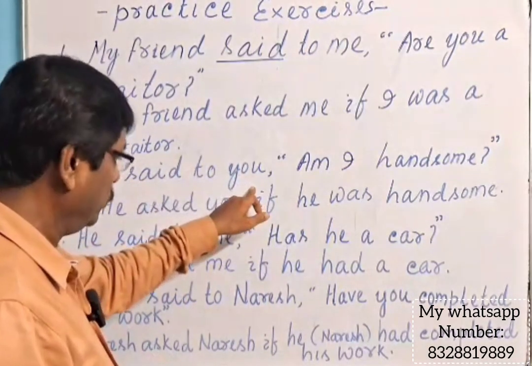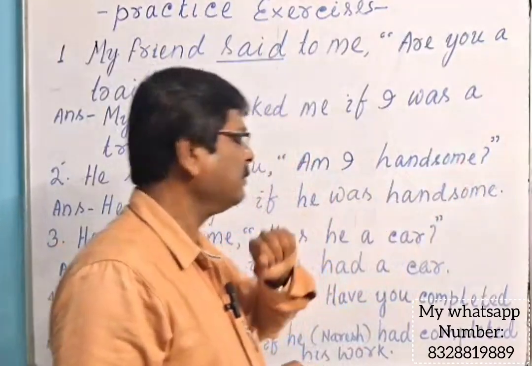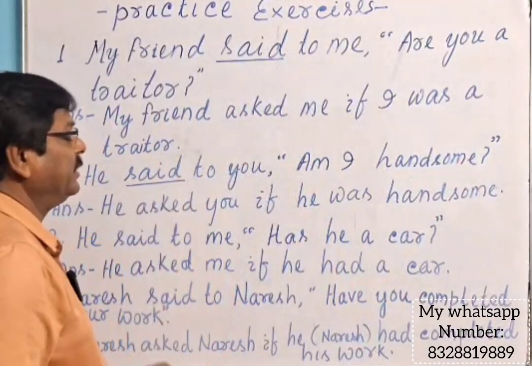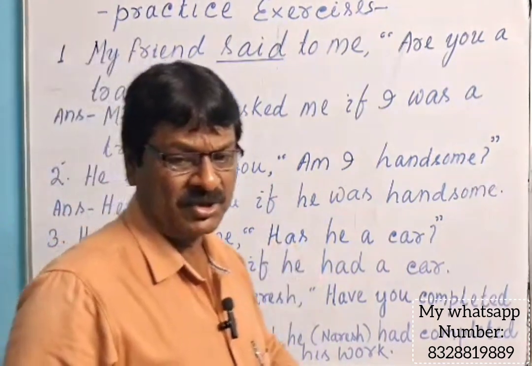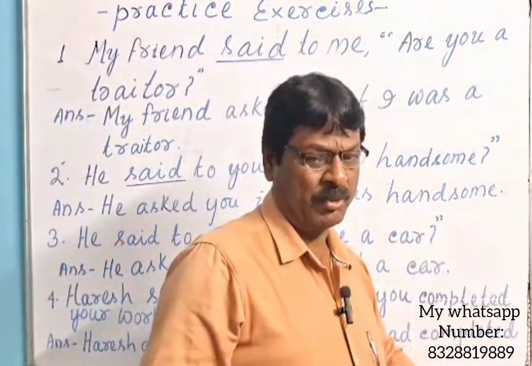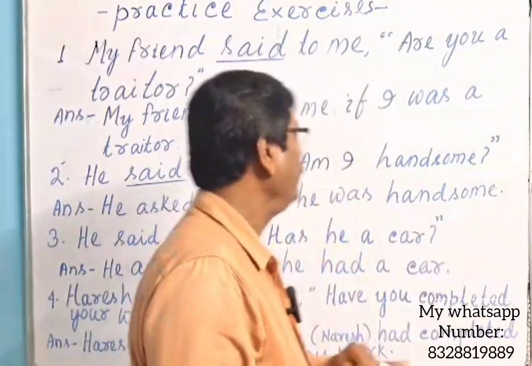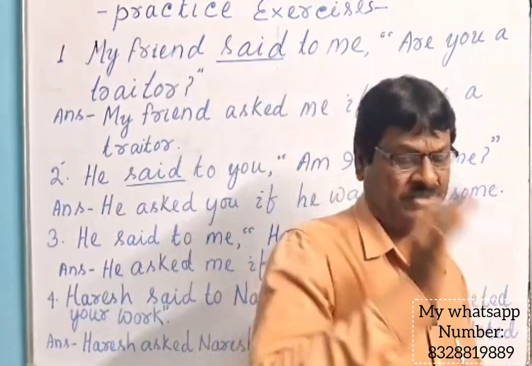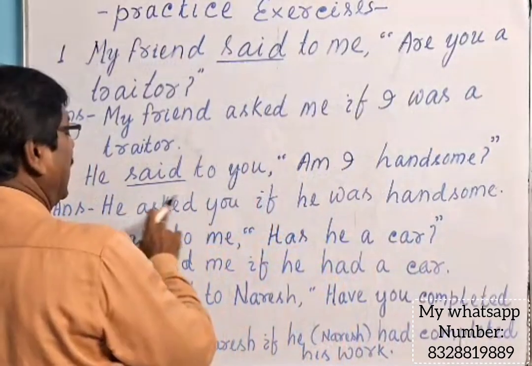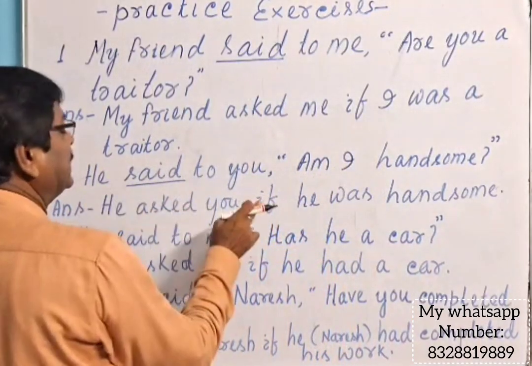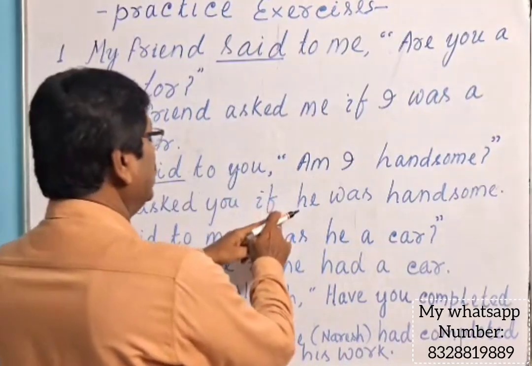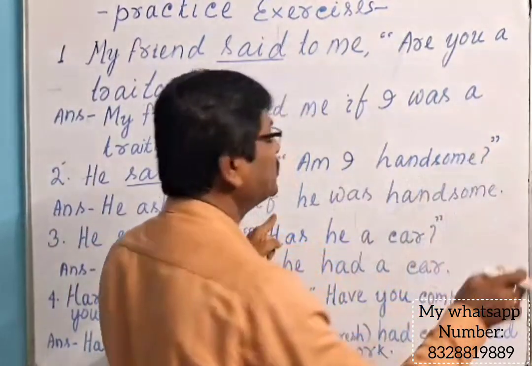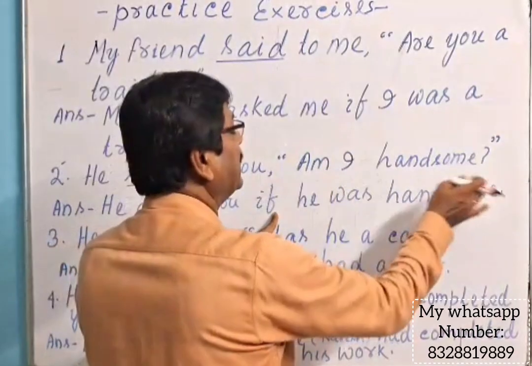He said to you, "Am I handsome?" So here the reporting verb "said" will be converted to either asked, questioned, wondered, inquired of, or wanted to know from, etc. But I am using the common form, ask. So: he asked you. "To" is dropped, and the joining word is "if". First you convert it into an affirmative sentence.